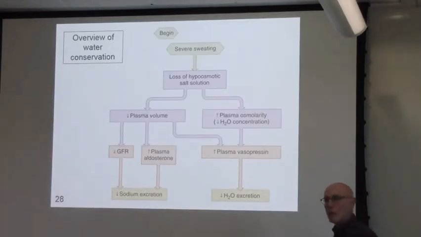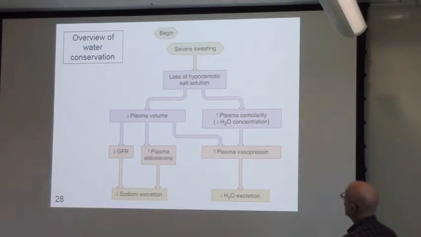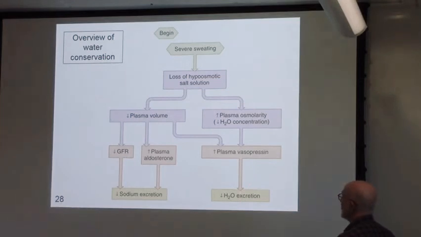So here's the overview. I think I've already spelled this out. The heat, sweating, decrease in volume, increase in concentration of the fluid, osmolarity. Both of these lead to vasopressin, which we have described.